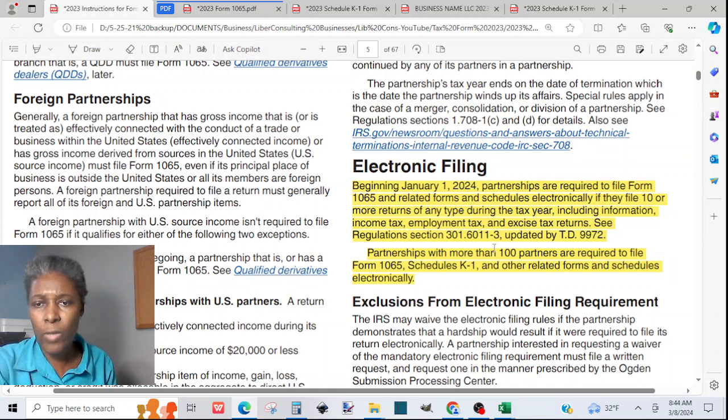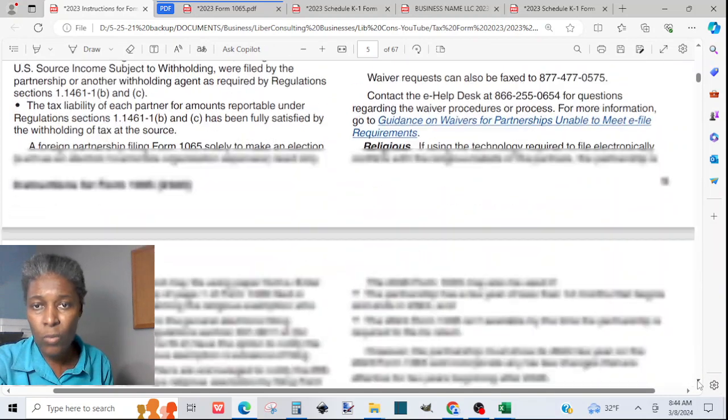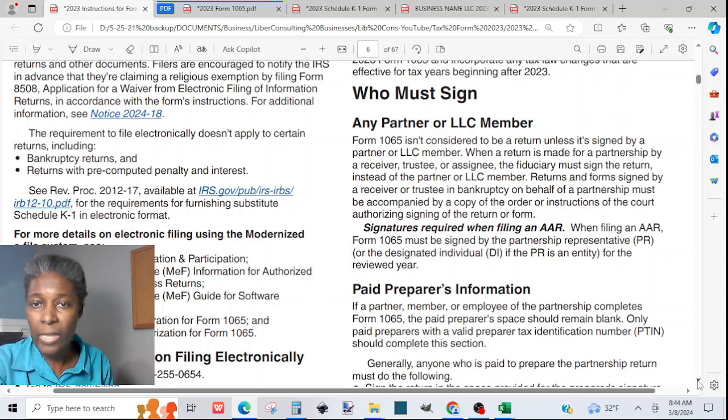Other than that, if you have 100 partners or more, you might be required to file electronically. But if that does not concern you, you can still file it electronically.